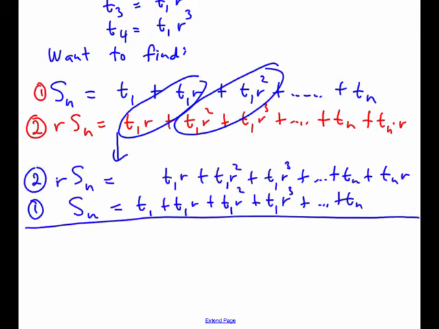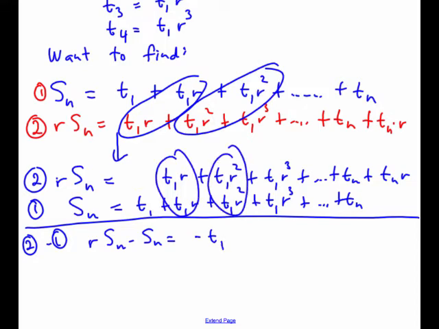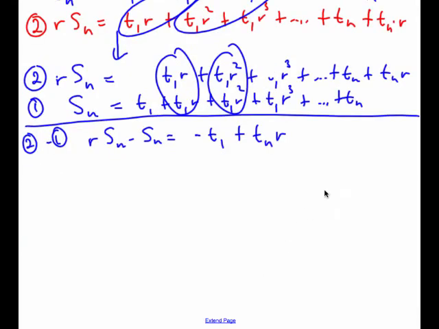Now I'm going to rewrite the two equations so that terms that are the same line up. And then I can subtract the equations, equation 2 minus equation 1. All of the middle terms subtract to 0. Now I'm down to a point where I can simplify, factor out Sn.